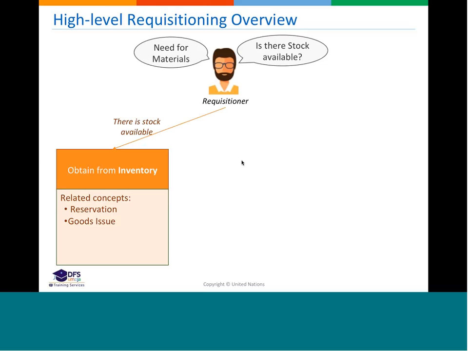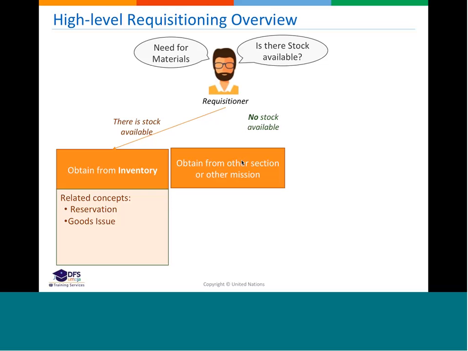The related documents in Umoja for this action of getting materials from inventory are two: a reservation and a goods issue. We can also have the option that the material you need in order to construct the asset is not available in stock.